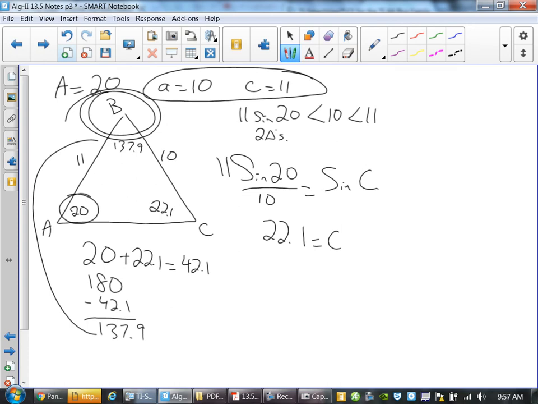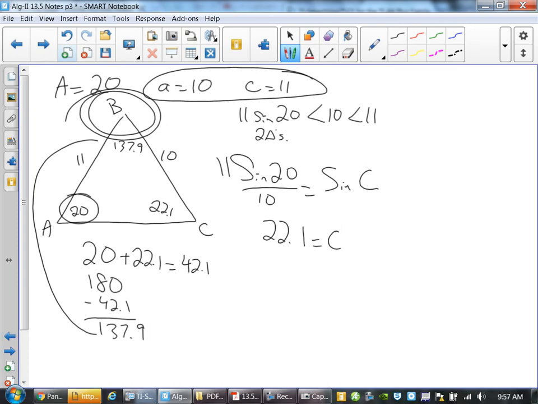So that first angle that we had found, there's a matching angle. We found it at 22.1. So if I come up 22.1 degrees from 180 degrees, this angle, if I come all the way around, would be its supplement.